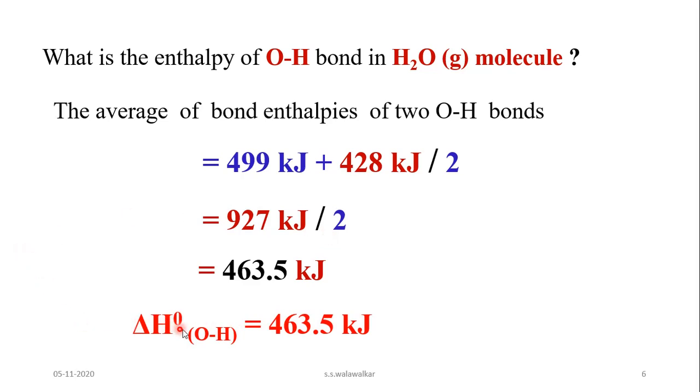So delta H0, that means bond enthalpy of OH bond is equal to 463.5 kilojoules. So like this you can calculate the bond enthalpy.